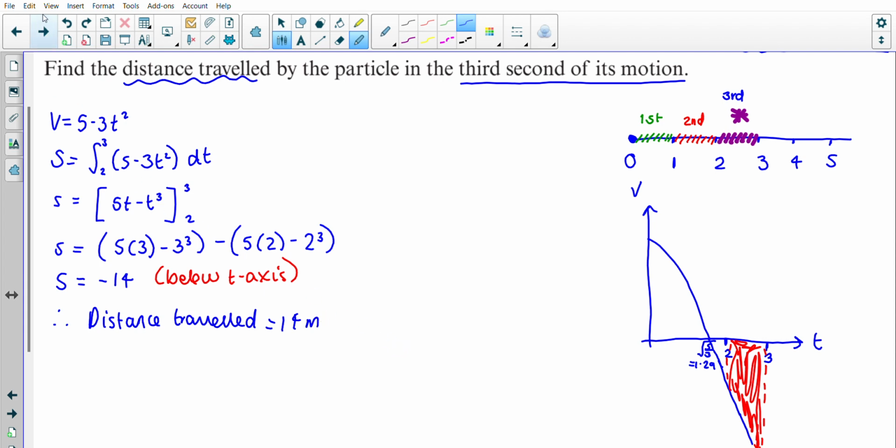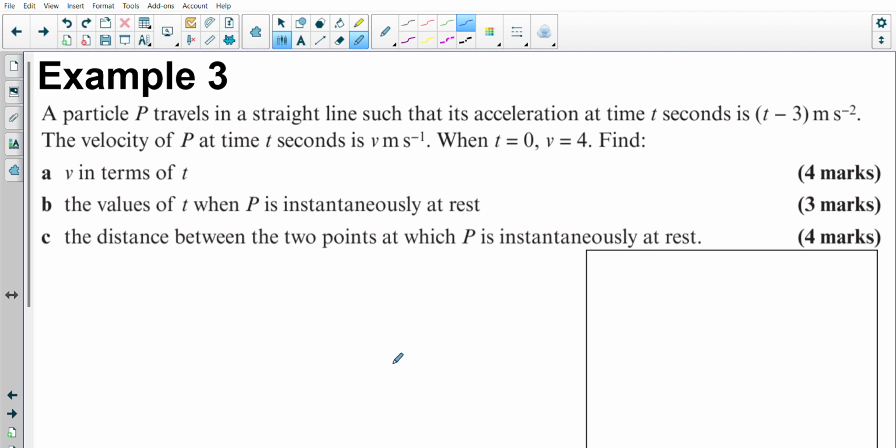I'm going to go on to another example. Example 3. A particle travels in a straight line such that its acceleration at time t seconds is that. So we've got acceleration, that's our equation. The velocity of P, the particle, at time t seconds is v meters per second.